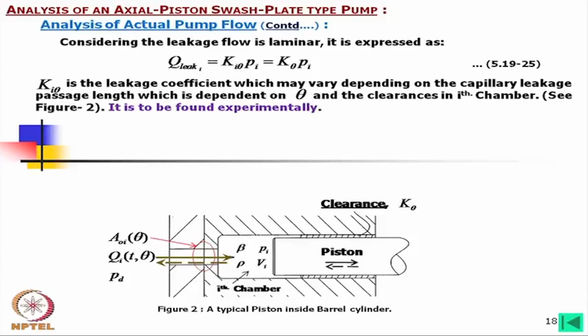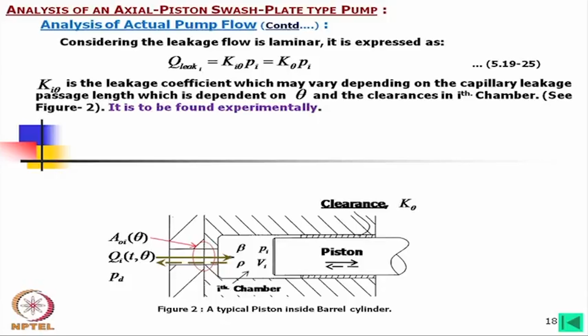Theta is the angle. That means this capillary passage length is varying. So that is important. Depending on that, this coefficient will also vary, and also on the clearance in the ith chamber. However, this k i theta is found mostly experimentally.